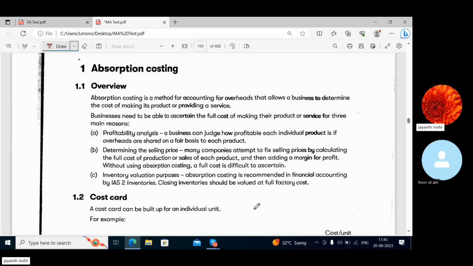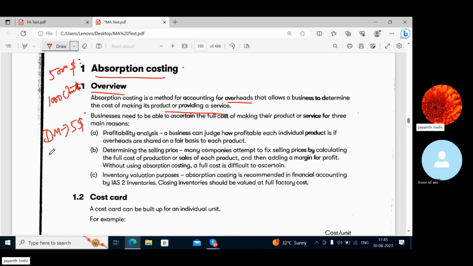Now let's take into consideration the first point, that is the overview regarding absorption costing. Absorption costing is a method for accounting for overheads that allows a business to determine the cost of making its product or providing a service. That means, direct material we have per unit, let's say $5. If I'm making 1,000 units, the total direct material cost will be $5,000.